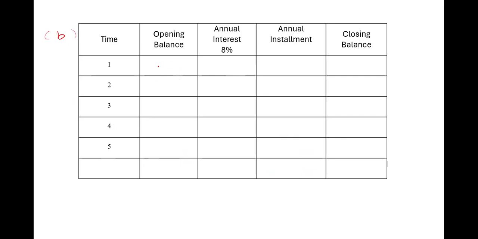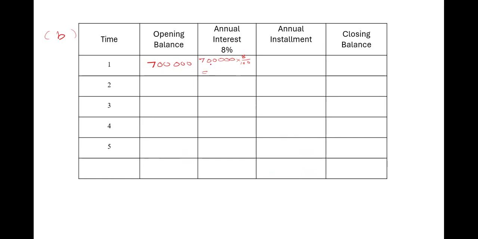Opening balance. We get the loan amount, which is 700,000. Now annual interest. How to calculate the annual interest? 8% of the opening balance. 700,000 times 0.08.